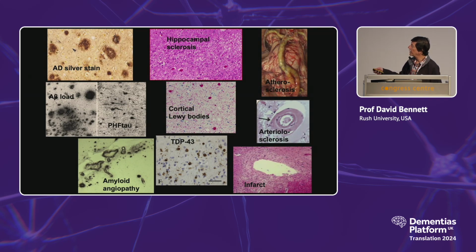It works pretty well. This is a neuritic plaque. You see this splotch. This is a histological stain. It's not an immunostain, so I'm not looking at amyloid beta or tau. I'm looking at a stain that just sticks to stuff. So it sticks to this stuff that's brownish, which we happen to know is beta amyloid.